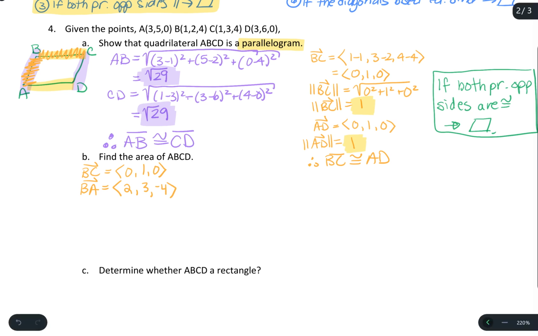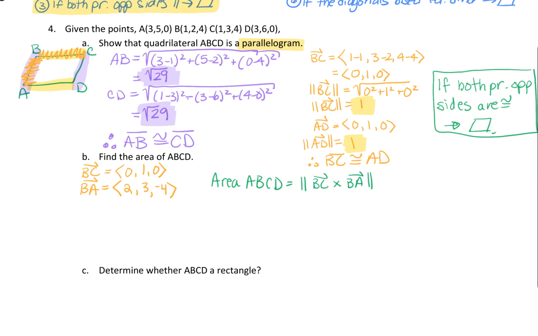So remembering what you know about cross product, go ahead and calculate your cross product. And so we're calculating the area. So I'm just going to write this down while saying what I'm doing. So the area of A, B, C, D is going to equal the magnitude of the cross product, not of U cross V, but of BC cross BA. So I'm saying what I'm going to do.